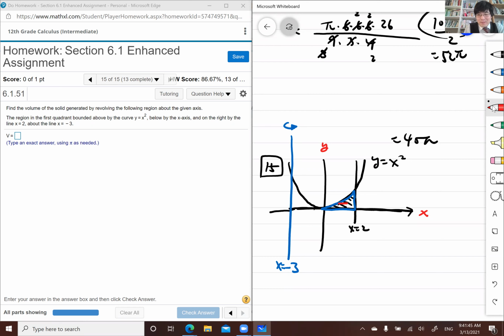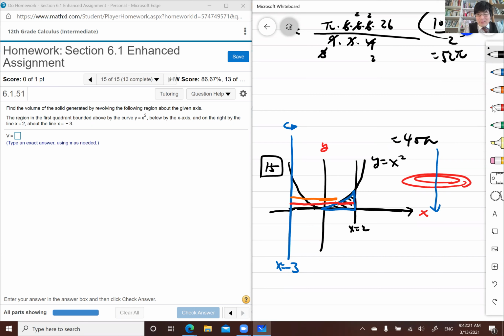We are interested in this part, but because it's going to be a ring again, the red part with respect to this one is going to be a ring. So we need to know the bigger radius, which is this, minus the smaller radius squared.